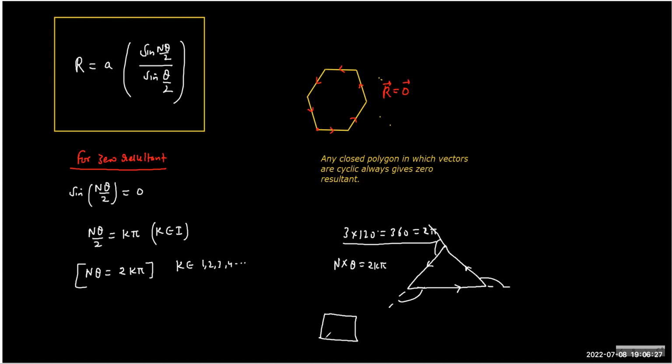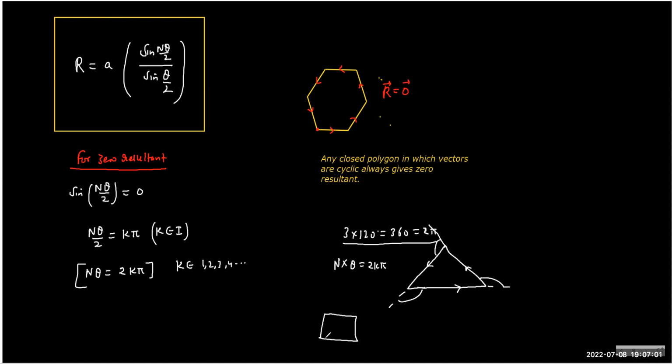They will ask you a question like this: if you have 5 vectors and the angle between each vector is, say, 360 by 5, which is 72 degrees, right? Then 5 into 72 will give you 360, therefore it is definitely a closed polygon, and therefore it will give you 0 resultant.